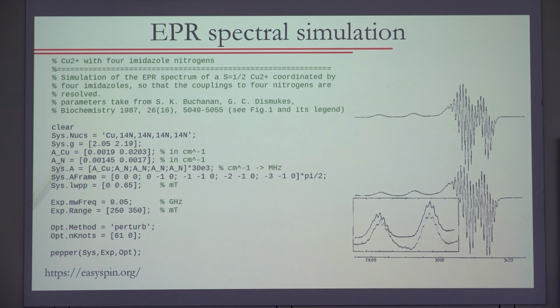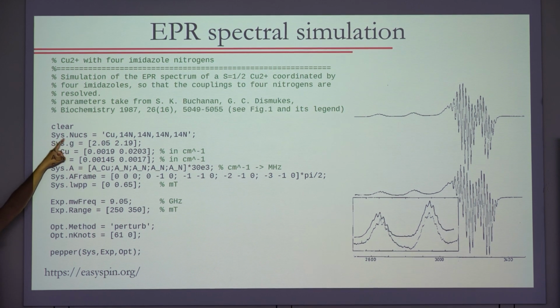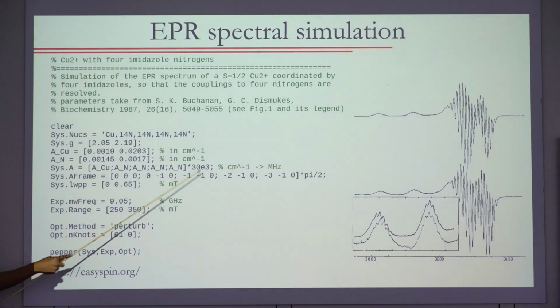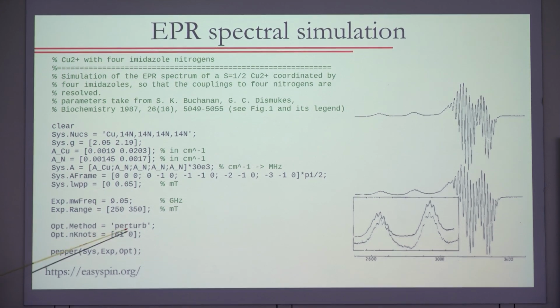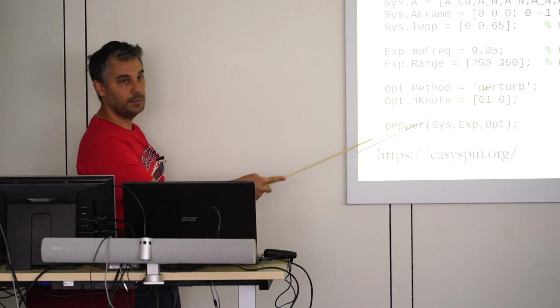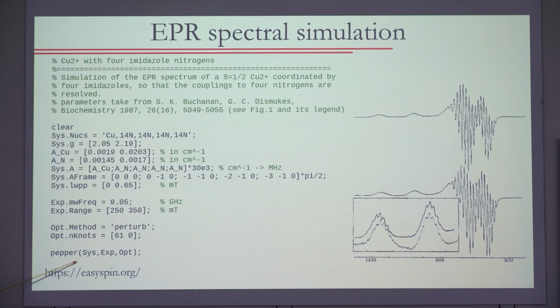There's too many options. But you have to define the g values, the number of nuclei, the hyperfine values for all the nuclei, some experimental settings, and then simulation options if you want, and then you call Pepper, that would be for frozen solution or solid state, basically for static spectra, and you will simulate your spectrum.